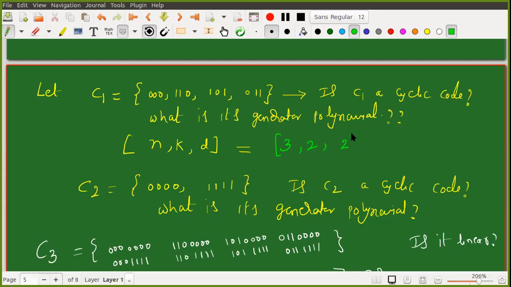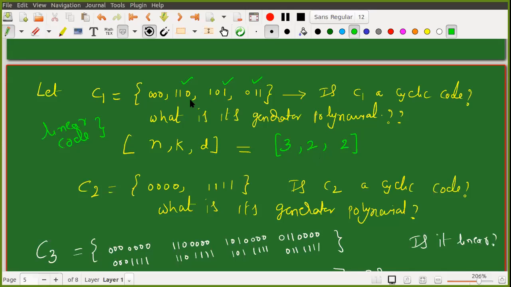Distance is also 2. How do you know the distance is 2? It is a linear code, so you can just find the weight. That's why we check the weights only. No need to look at the distances. Weight is 2, weight is 2, weight is 2. We only need to look at the weight of the non-zero codewords. Very good. Linear code, that is the advantage.